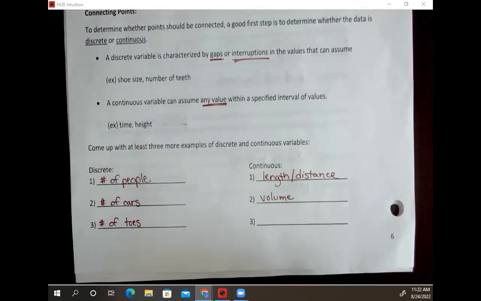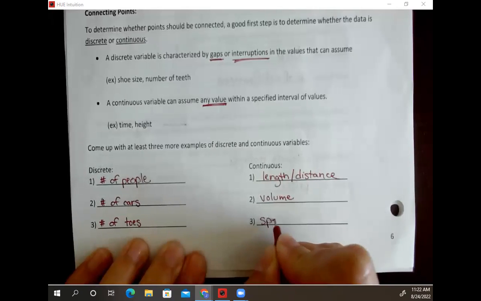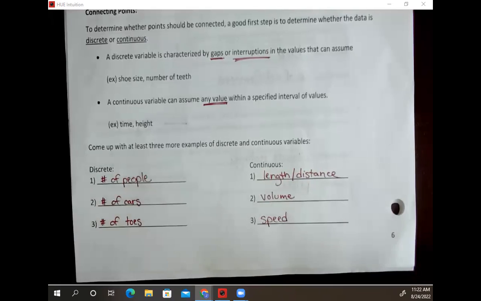We've got time up here. Yeah, time would be continuous. Speed. Yeah, speed would be continuous. Generally, your car is only going to show you like a whole number, but that doesn't mean that it's not somewhere in between there. Again, we're limited by the sensitivity of the equipment we're using to measure that thing, but it doesn't have to be a whole number.